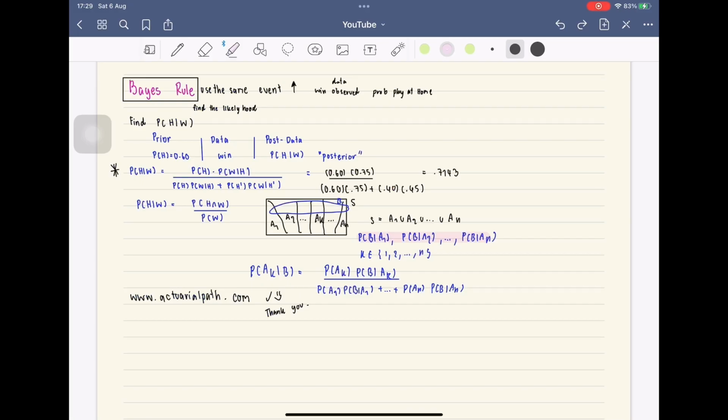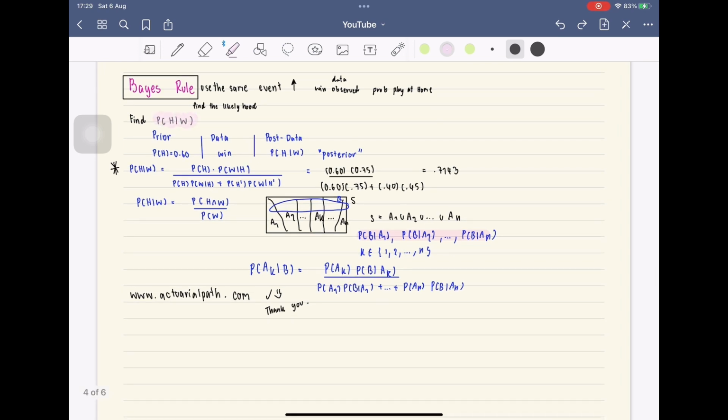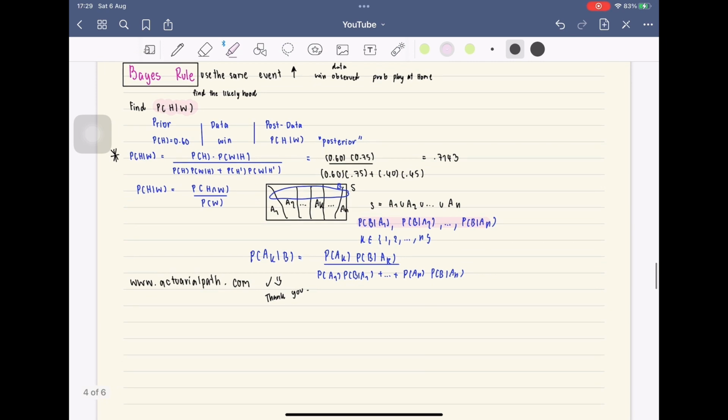So in this Bayes rule, or Bayes theorem, we are going to use the same event, but this time we are going to find the probability of playing at home and winning. We will use the formula, so it will be the probability of playing at home and winning divided by the probability of winning.